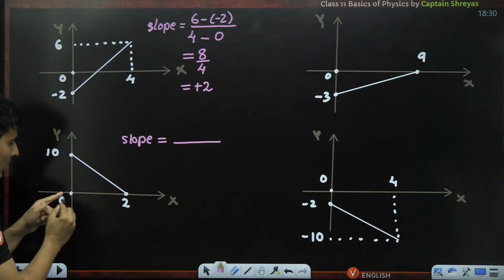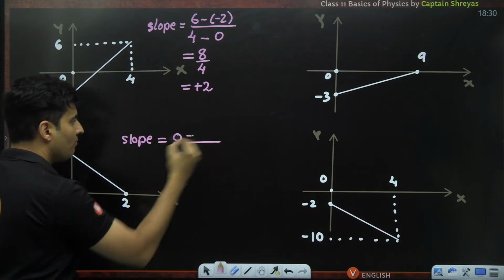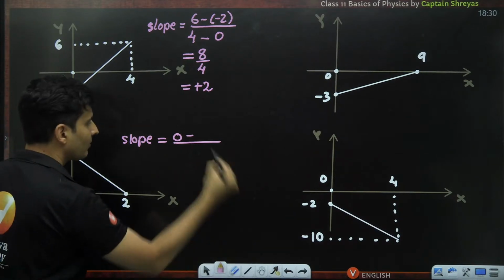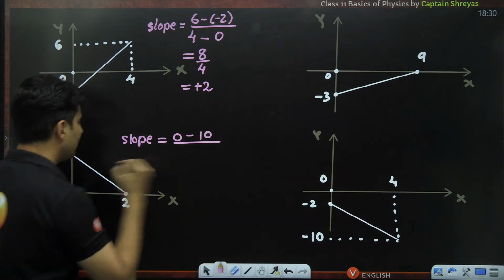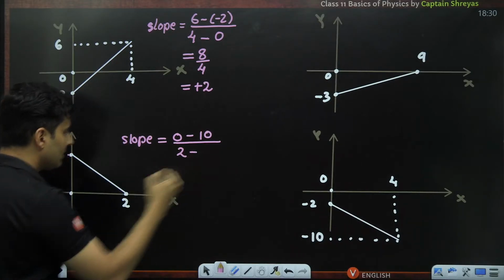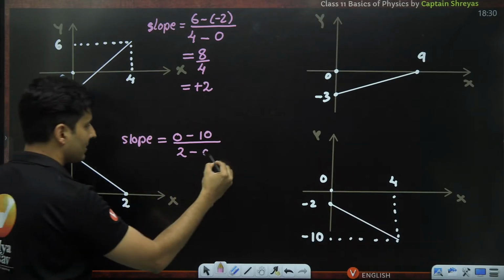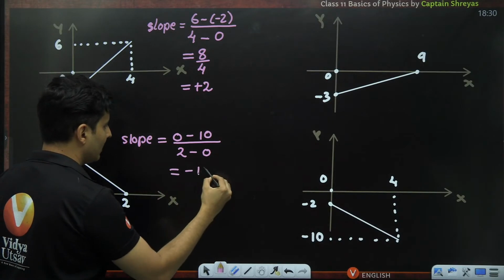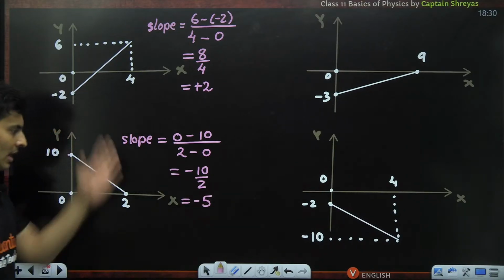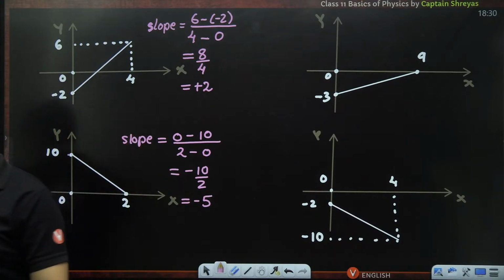So the new value is 0 minus the older value, which was basically 10, upon the change in x. This is the new value of x, and this is the old value of x, which is 0. So it will be -10 by 2, which is basically -5. Everybody clear till this point how to find the slope?